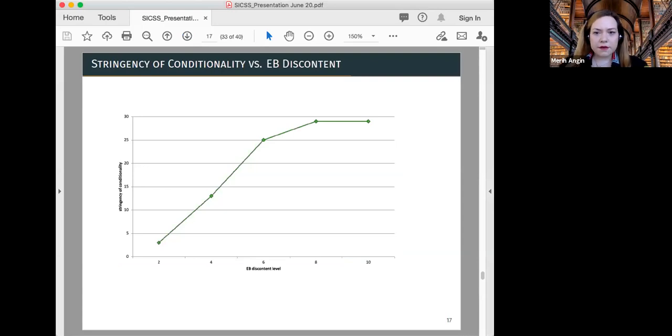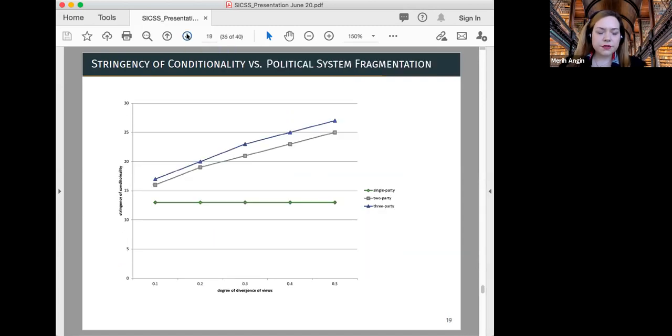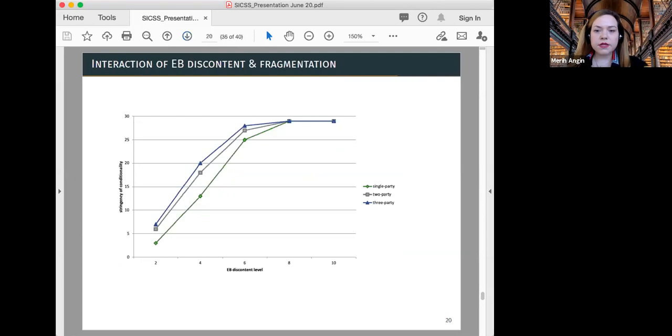I also graphed the results of the simulation findings. Maybe the first set of graphs are not too interesting. The really interesting part is the interaction of the variables, to be honest. That's something that we could not do otherwise.